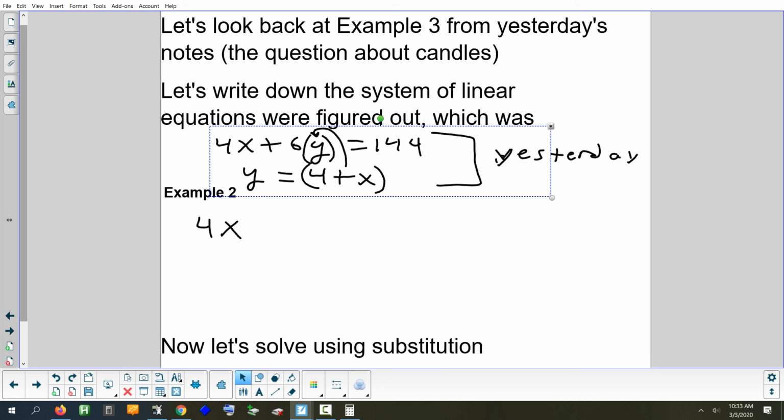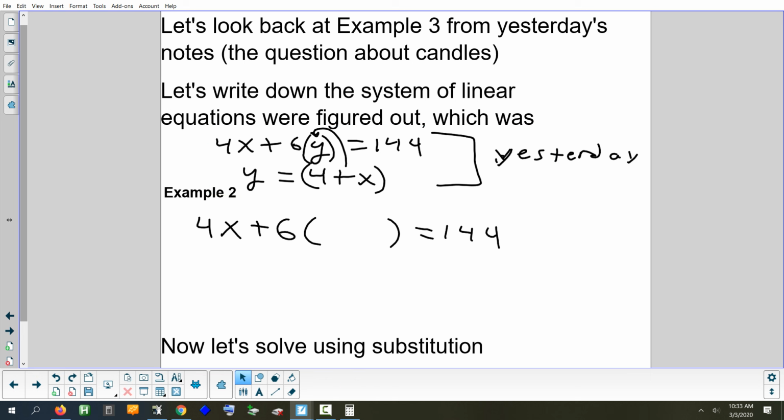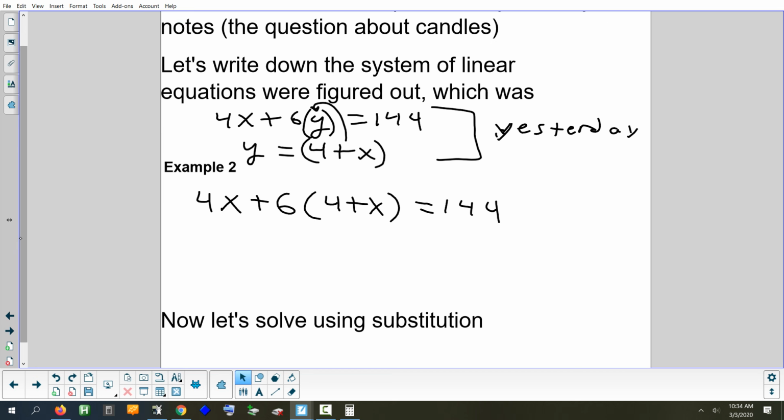No. How about the plus sign? No. How about the 6? No. How about the y? Yes. So leave a little bit of room for that. How about the equals and the 144? Nope. So now, instead of putting 6 and a y, what did they tell us y equals? 4 plus x. Exactly. 4 plus x. And now from here, we'll solve it.